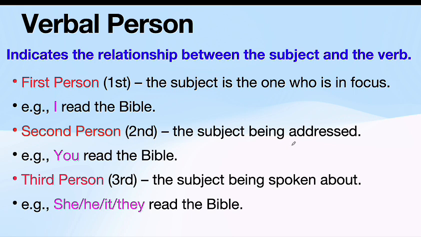You read the Bible. Third person, the subject is someone spoken about. So she, he, it, they read the Bible. So there are three persons. So a Greek verb has tense, has moods, and as we've seen in the previous slide, voices, three voices, and now persons.